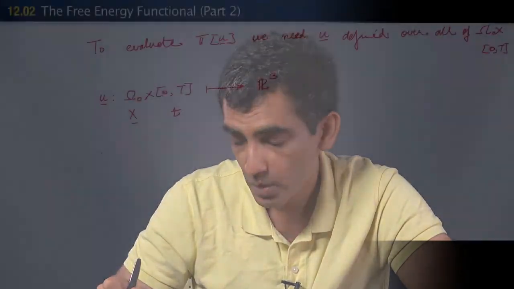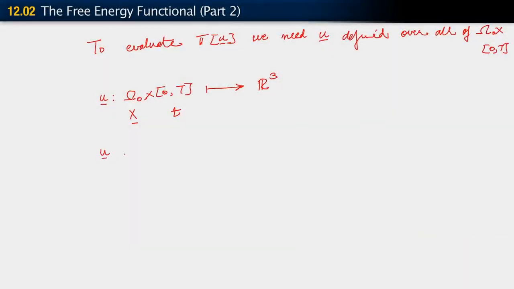So what we will often do is to say that u belongs to S, where S represents a function space. Example: polynomials in position.